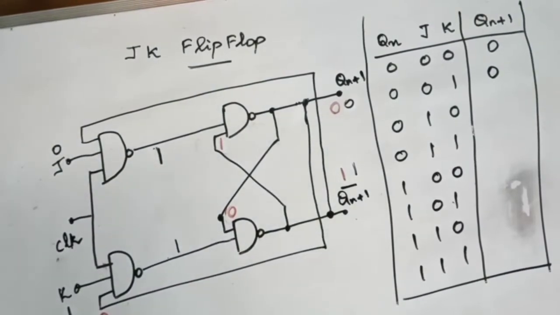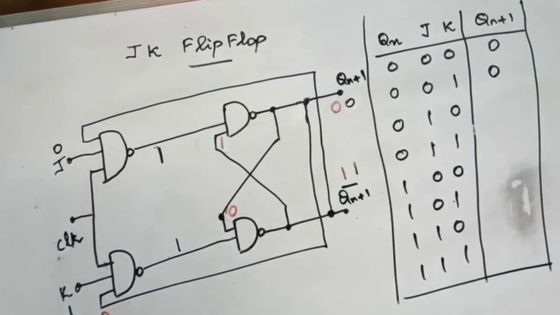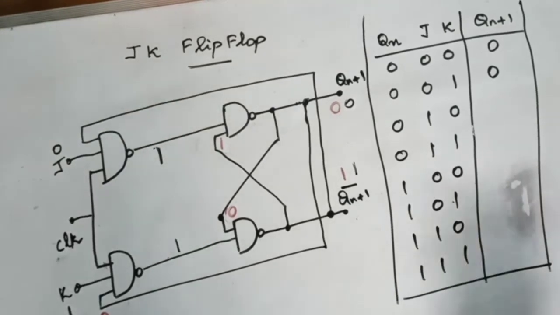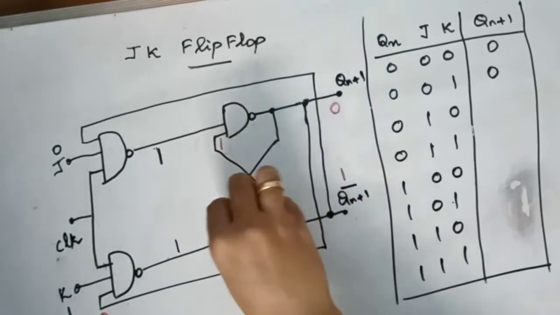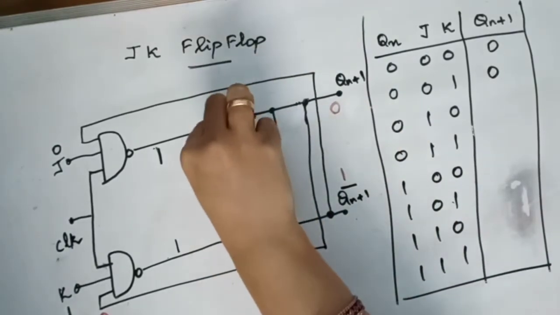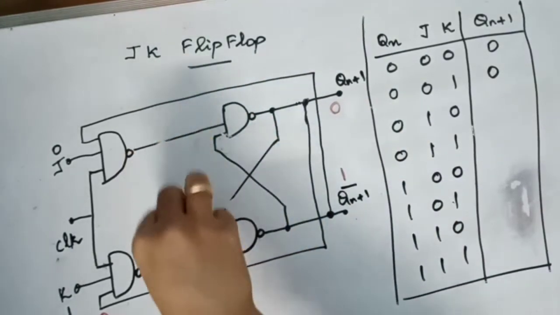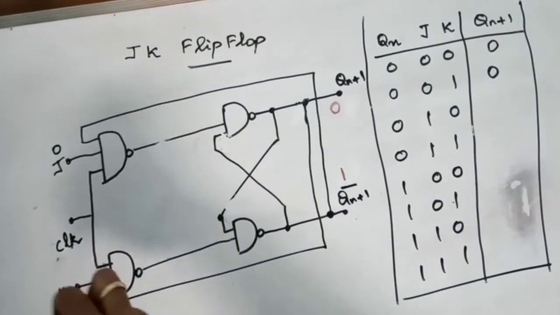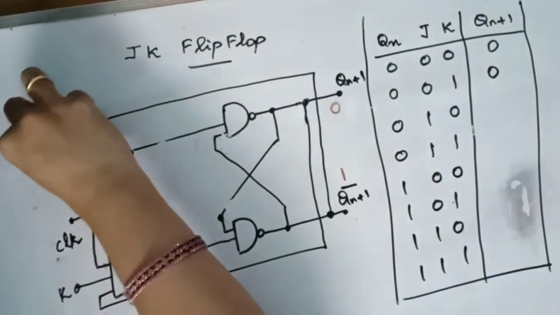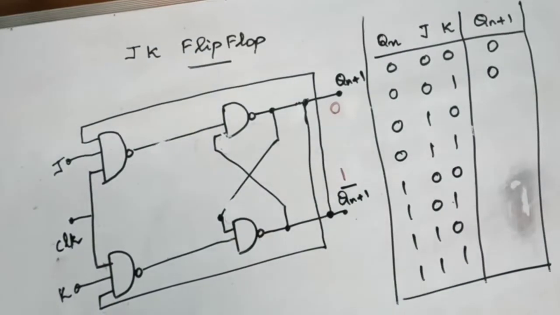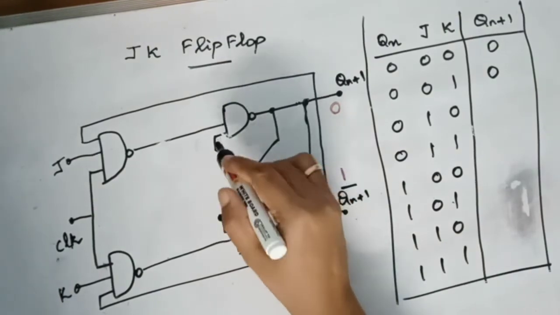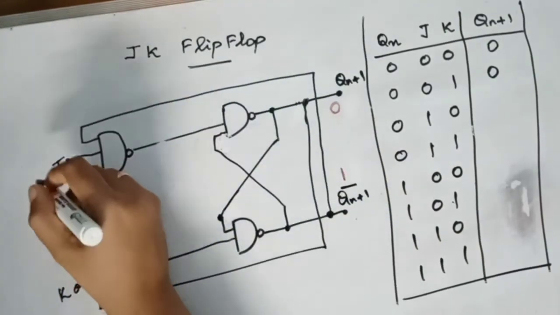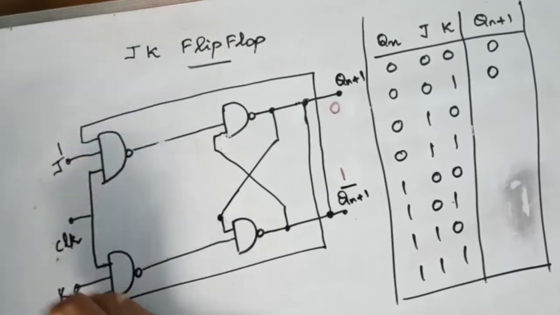Next, the previous state is also 0. So J is 1, K is 0.